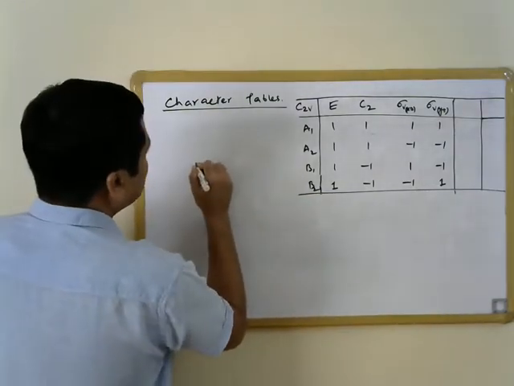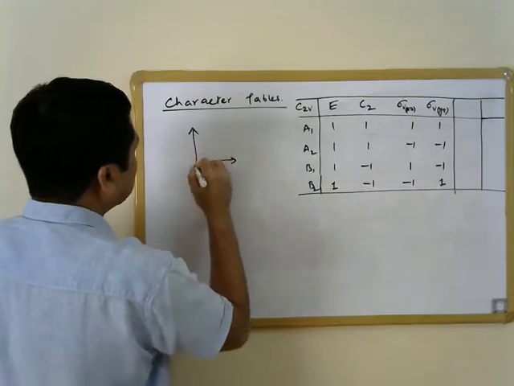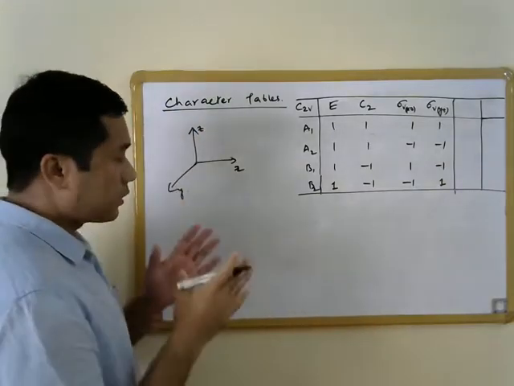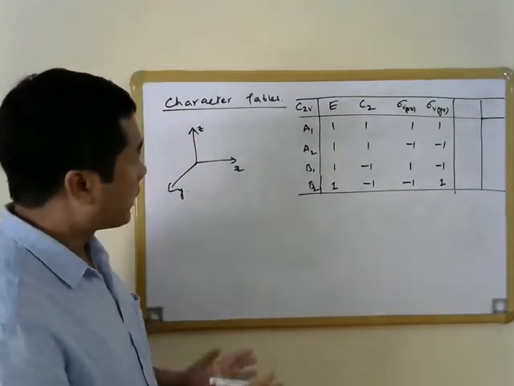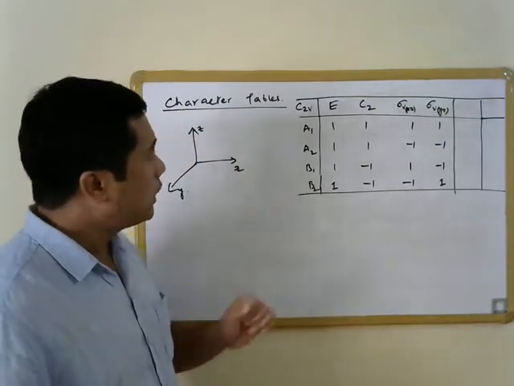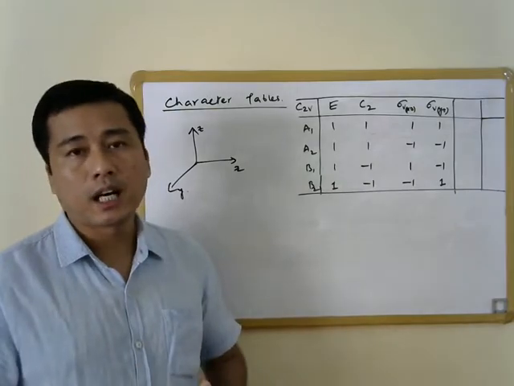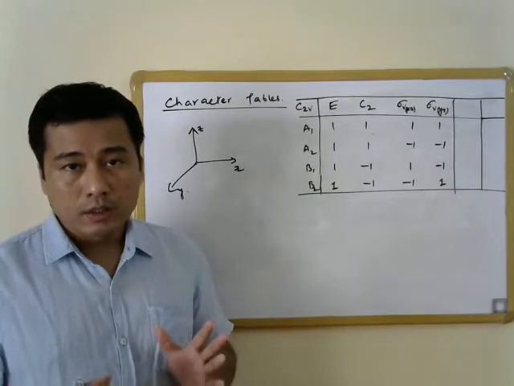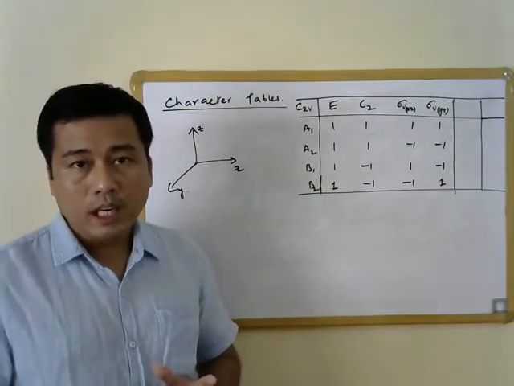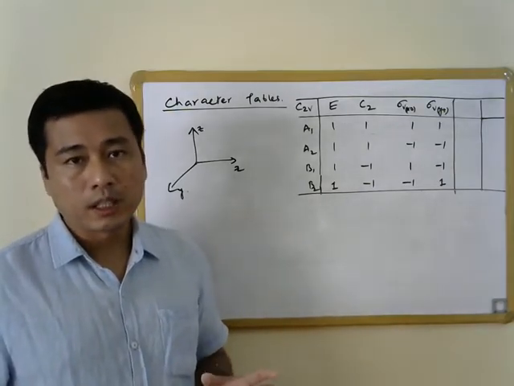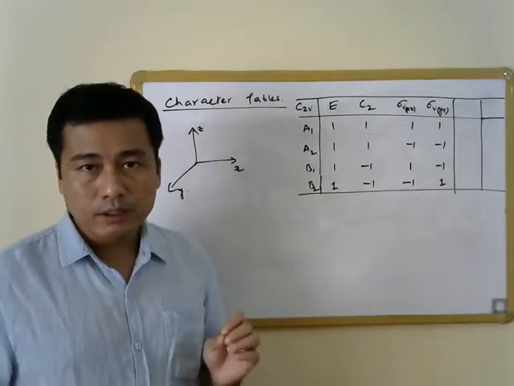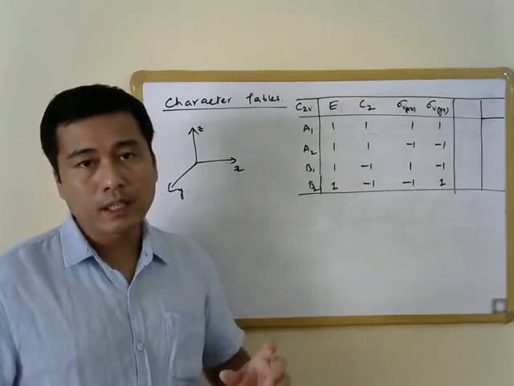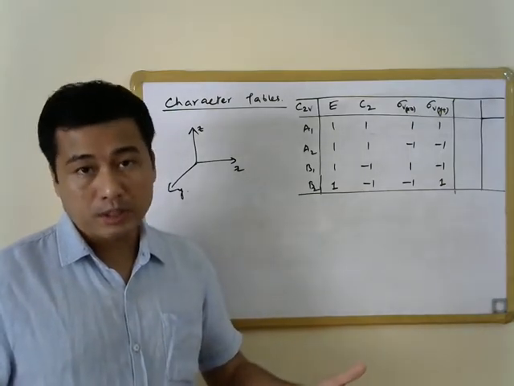So let's take x, y, and z coordinates in this way. Now, in the case of this C2v point group, we have an advantage: all the irreducible representations here are one-dimensional. That means the x, y, and z coordinates are all separable from each other. It was not possible in the case of the C3v point group, where x and y were inseparable, and that is why they transform as a two-dimensional representation.